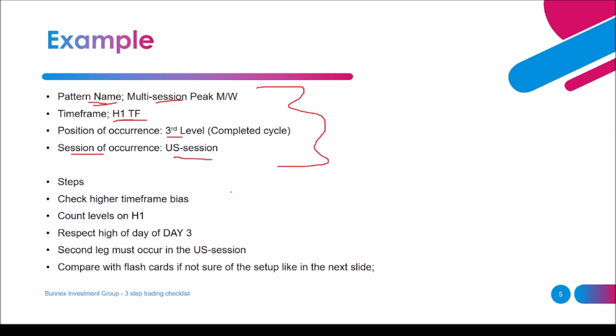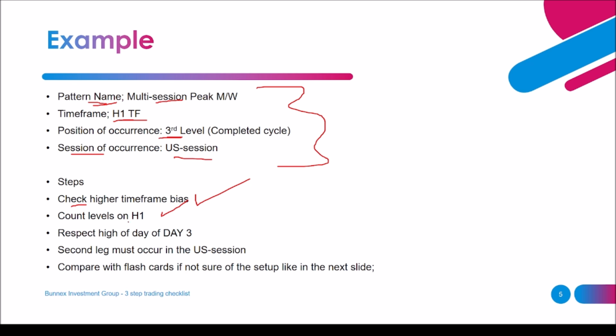Then the steps of taking that particular pattern: you first need to check the higher time frame bias, right? Have you done it? Yes. I've checked the higher time frame bias. I've seen that we are going up or we are going down. Count levels on the H1 time frame. Have you counted the levels on the H1 time frame? Yes. Are we now on level 3 as we said?